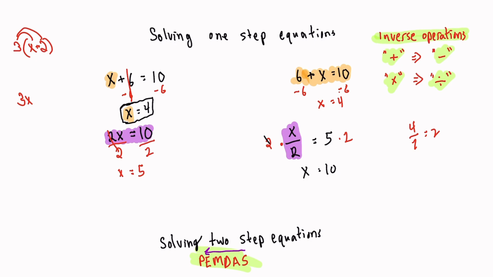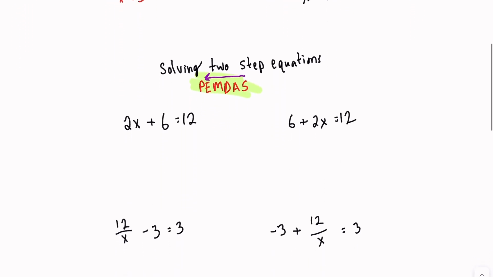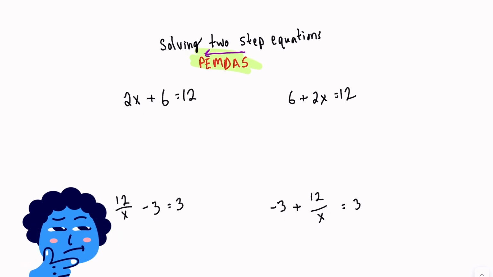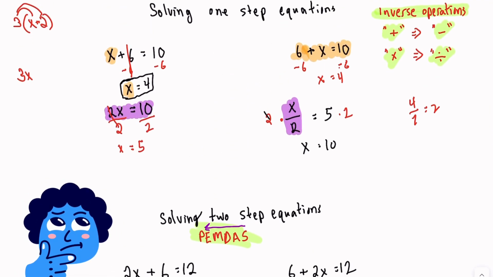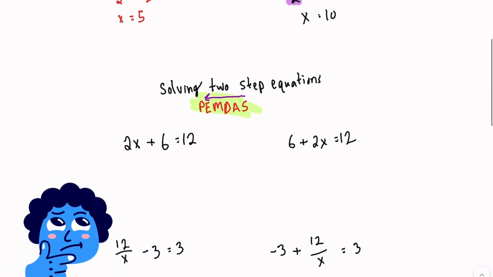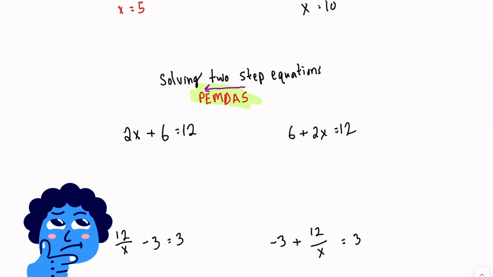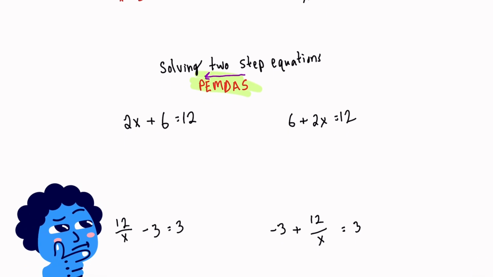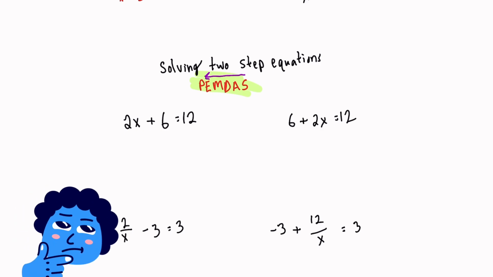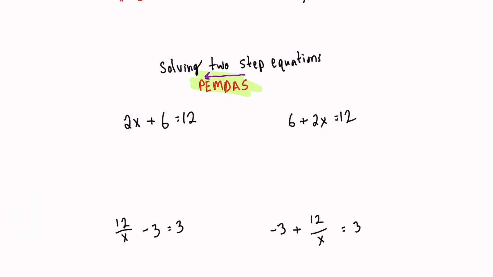Down here, we have two-step equations. Before, it was just one step. All we had to do was one operation to get the x by itself. Now we have two-step equations, and we're going to have to do two steps. I have this note here that says PEMDAS, and it has an arrow.